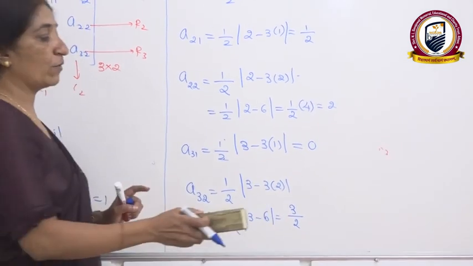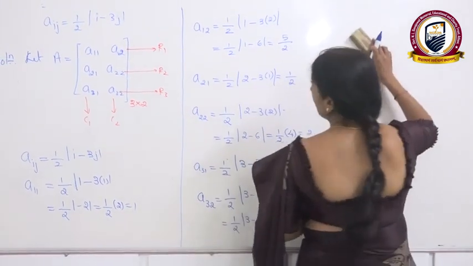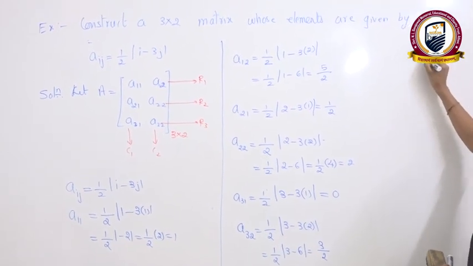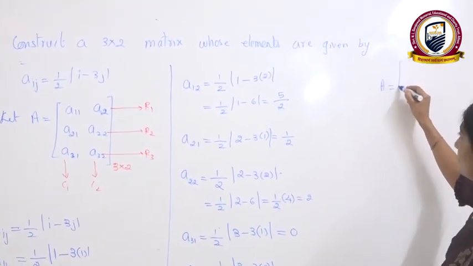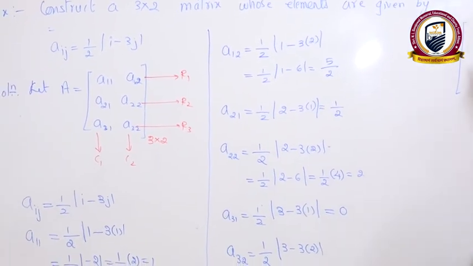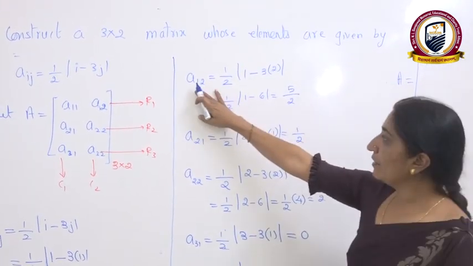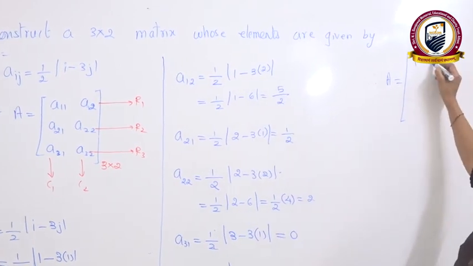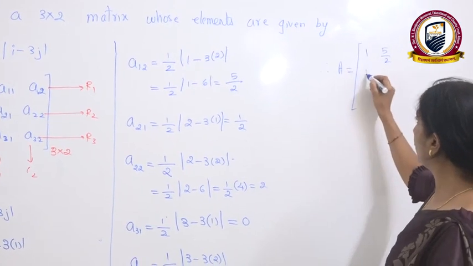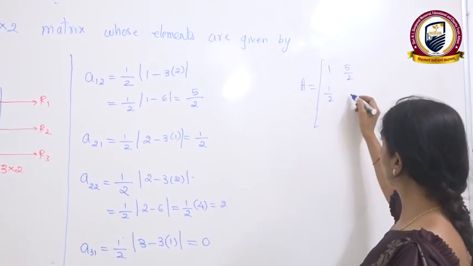And after calculations, should the students keep the values as they are? No, it is wrong. We have to represent them in the form of a matrix. How do you write it? Therefore, A is equal to. We did the calculation. What is the first element? First element is 1. What is the second one? Second is 5 by 2. Then coming to the next, 1 by 2. Then 2.